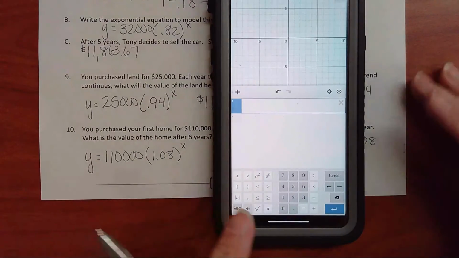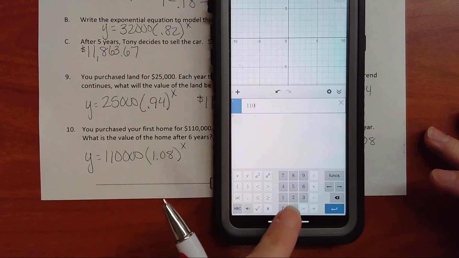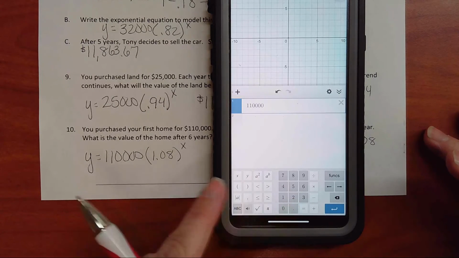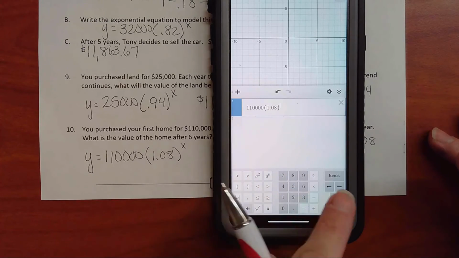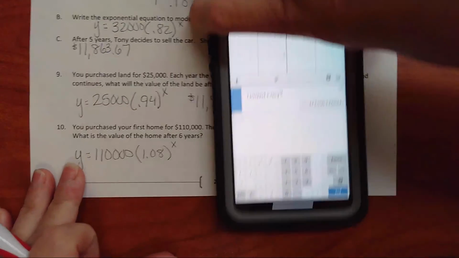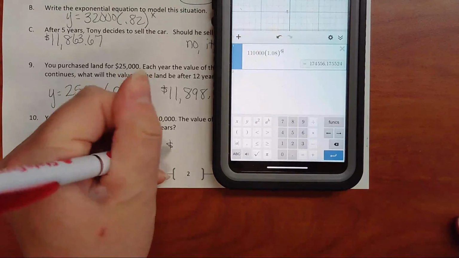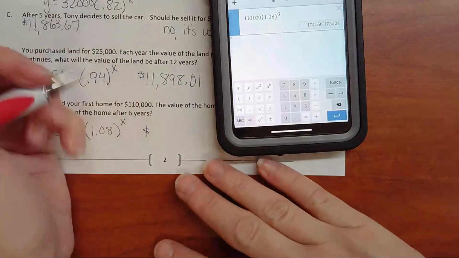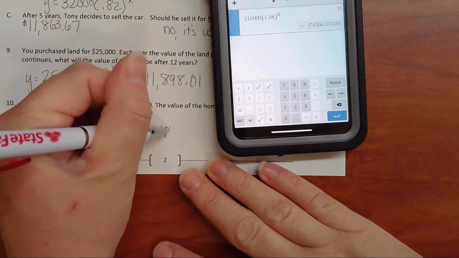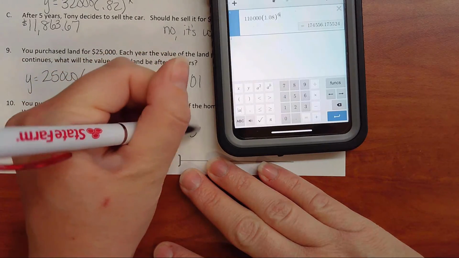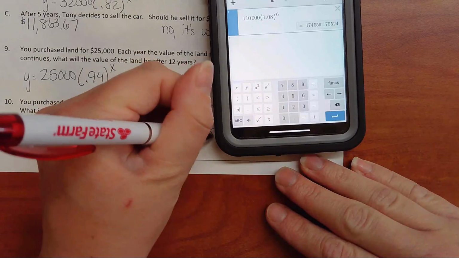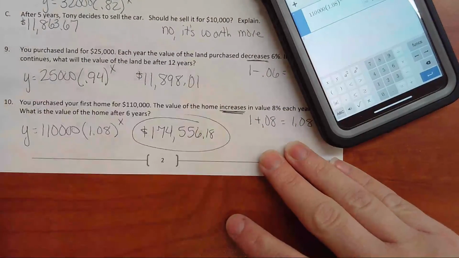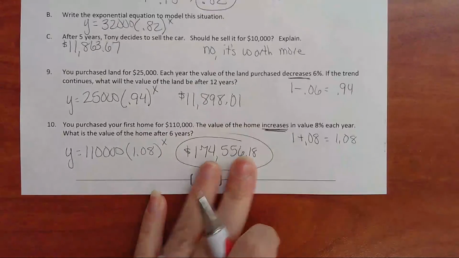So we have 110,000 parentheses 1.08 to the 6th power. So after 6 years, this is a pretty good investment here. Your house is worth $174,556.18. So hopefully that clears that up a little bit.